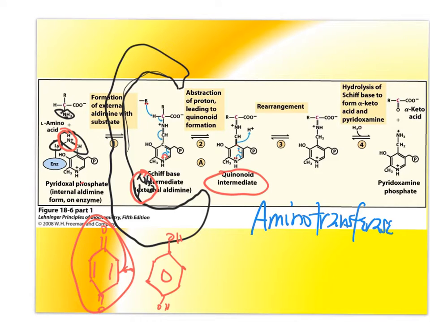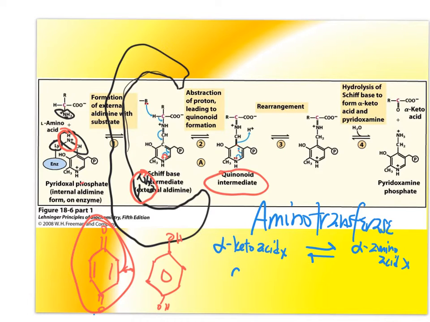So let me see. I'm going to call it alpha keto acid X. Okay, we'll go on to make the alpha amino acid of whatever X is. However, in order to do that, you have to have something that donated that nitrogen.